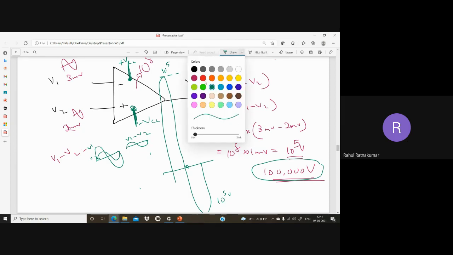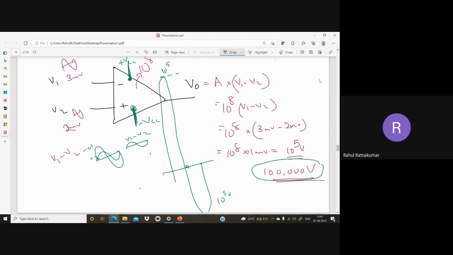Again, I will invite your attention. I want you to remember that when we draw the load line, you can see the maximum possible current and maximum possible voltage is limited. This is VCC, this is VCC, right? This is the maximum possible voltage your output device can give.